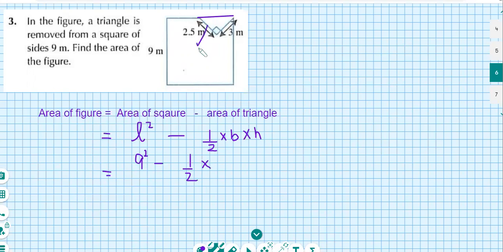So say this is base of the triangle 2.5, and the other length which is perpendicular to the base, obviously it is height. So this is 3. Okay, use your calculator to simplify this whole expression.